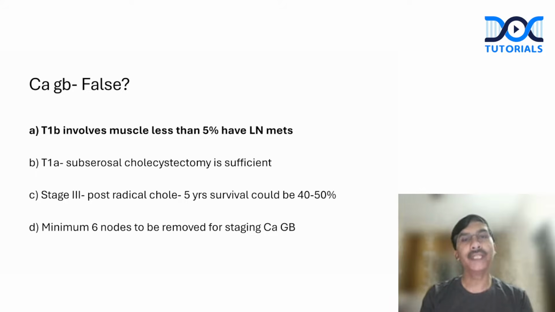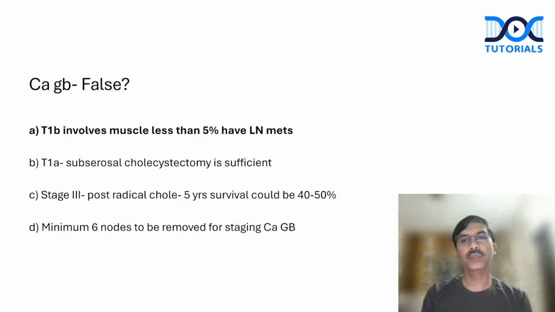Earlier, 10, 15, 20 years back, for T1B there was a debate between radical cholecystectomy or just follow-up. But since the evidence is building that 18% definitely have lymph nodal spread at that time, completion radical cholecystectomy, if it is an incidental gallbladder carcinoma, is recommended. Now, T1A, subserosal cholecystectomy or the regular simple cholecystectomy is sufficient.